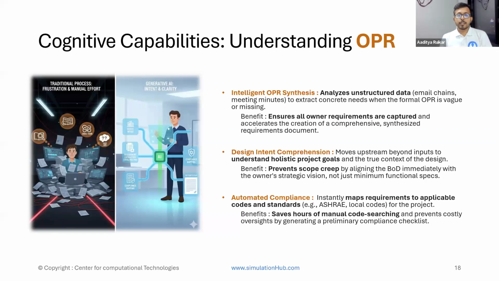So now, generative AI. In earlier webinars, we have seen that there are two kinds of AI in the market. One is predictive AI, and the other is generative AI. Now we are looking at the generative AI part. Generative AI has cognitive capabilities. Cognitive means it can take decisions and understand design intent.